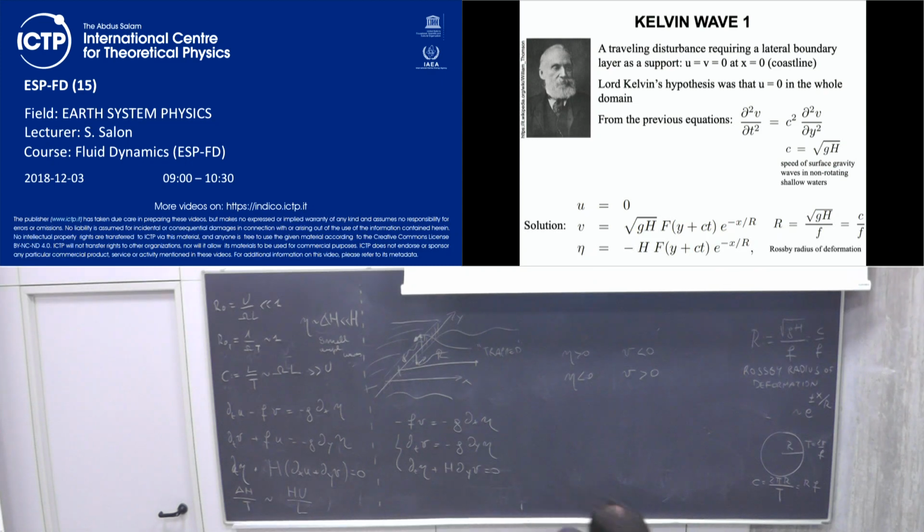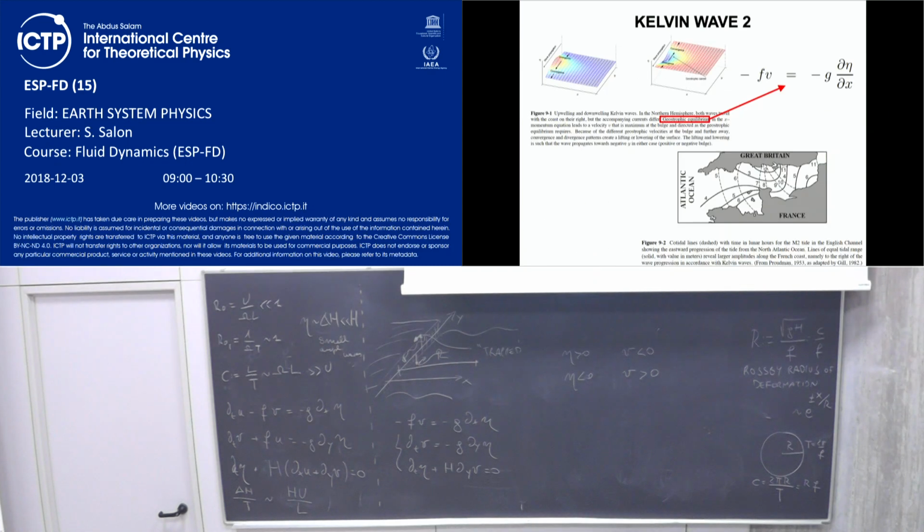So it's a little bit difficult to visualize here. That's why Cushman provides us a nice picture. You can see here that the wave propagation is always directed opposite with respect to y. In this case, we have eta positive; in this case, we have eta negative. When eta is positive, we have upwelling, and with upwelling we are traveling in the same direction as the wave.